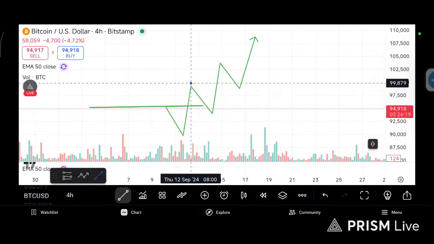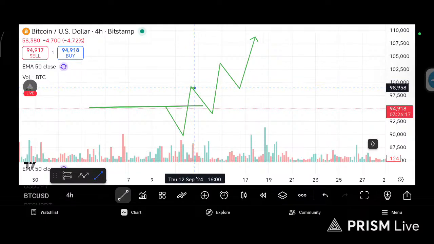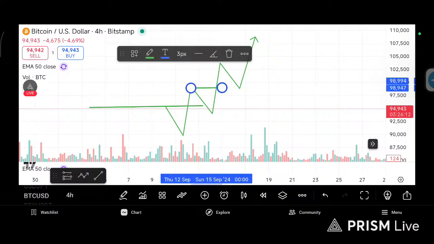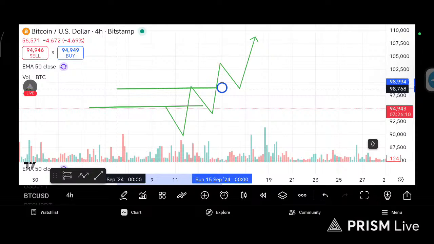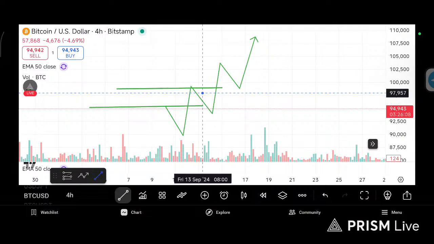We have another one here. It breaks the previous high. We have another one here.